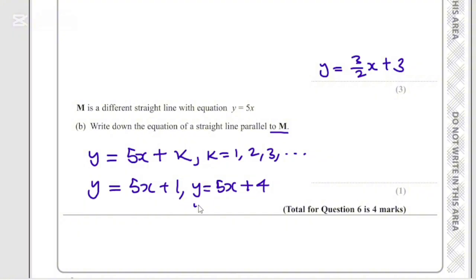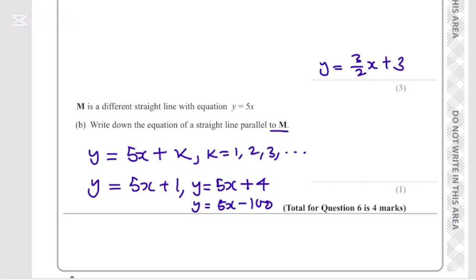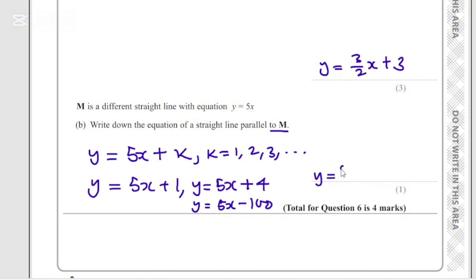Even if you write y is equal to 5x minus 100, still this line is going to be parallel to that. So you have to know that parallel lines have the same gradient. What differs is the y-intercept. So you can write any of these here. So I'll just choose the first one. y is equal to 5x plus 1.